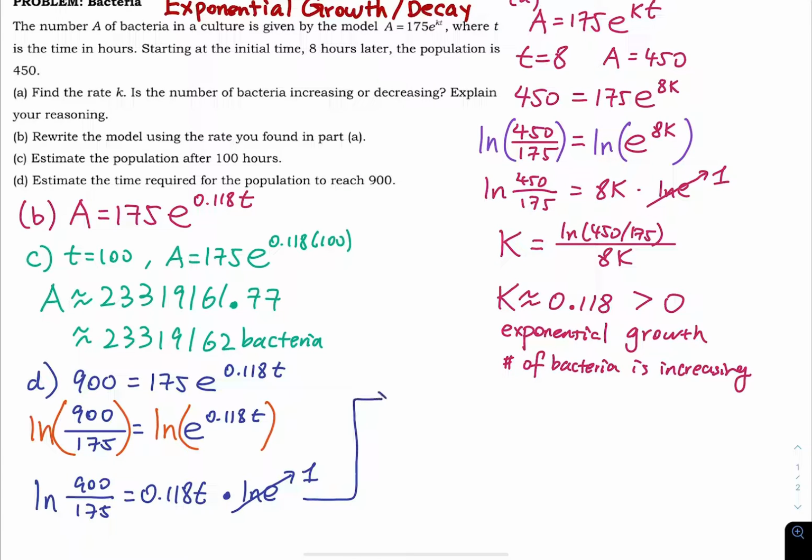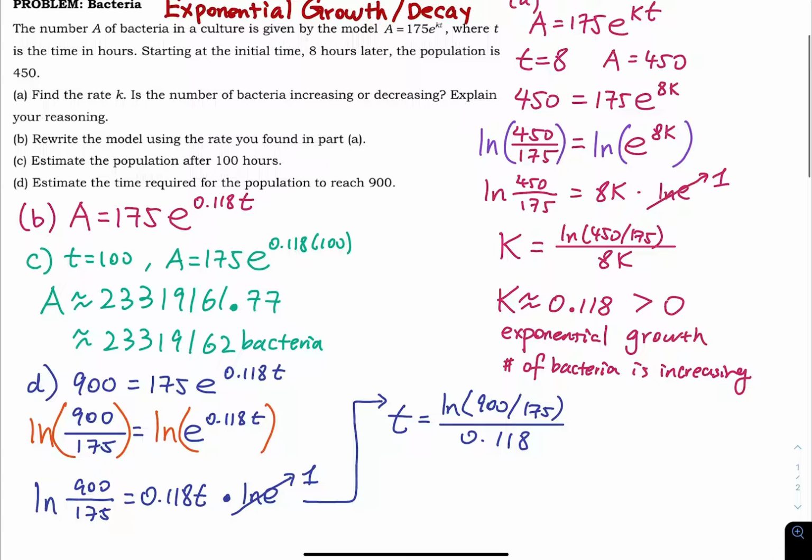Let's bring it over here. So we have t equals ln of 900 over 175, divided by 0.118. What do you get? I solved the problem already, so this one I have 13.9 hours.